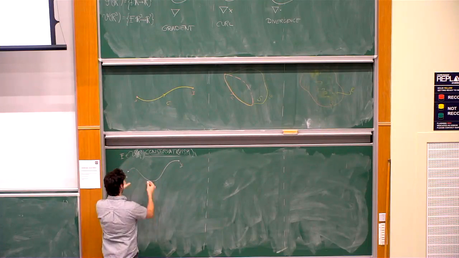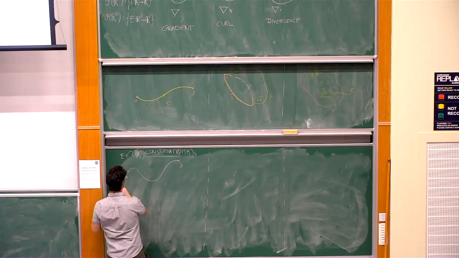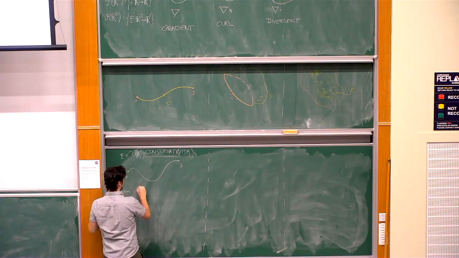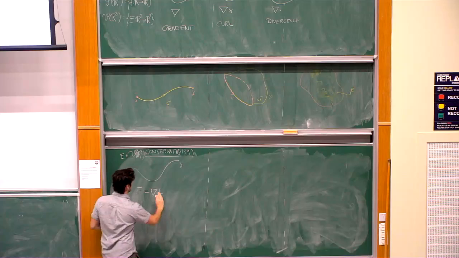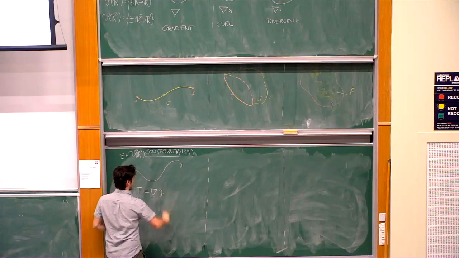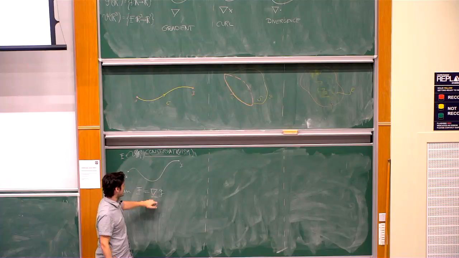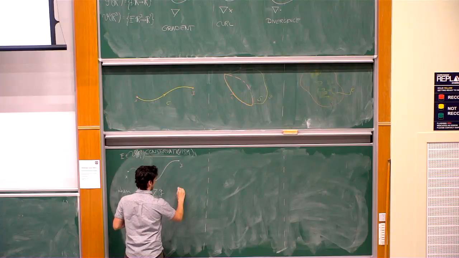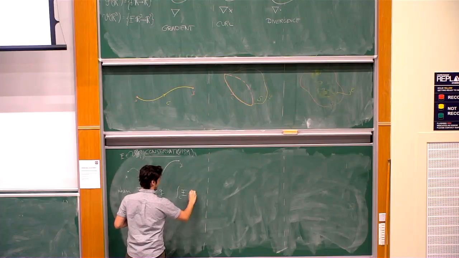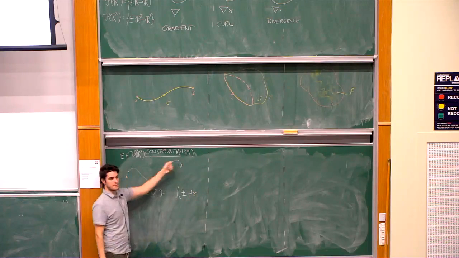So basically, when f equals nabla of some function, let me call this g, I find the integral of f to be only determined by the endpoints.